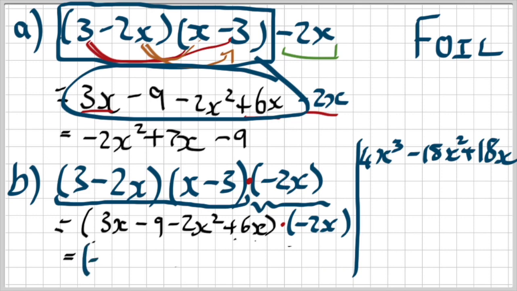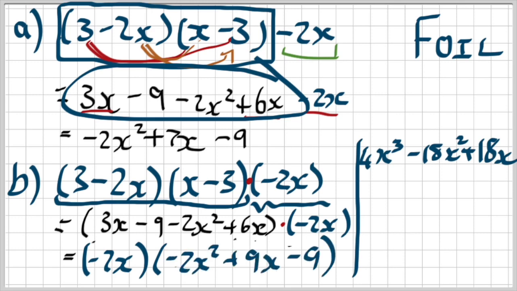So I can write the negative 2x in the front, and then that negative 2x squared plus 9x minus 9, like that. And that gives me the same answer. Why can I do that, ladies and gentlemen? Simply because there is a multiplication and therefore order doesn't matter.